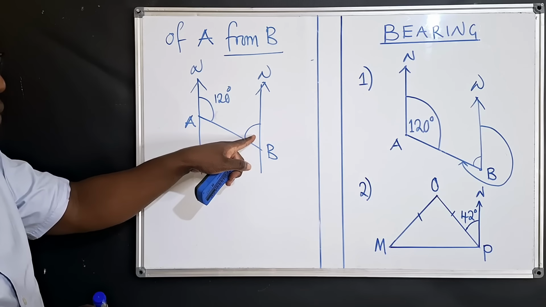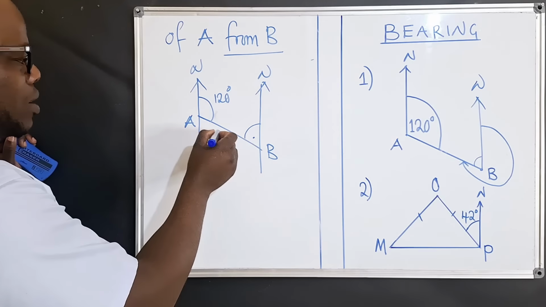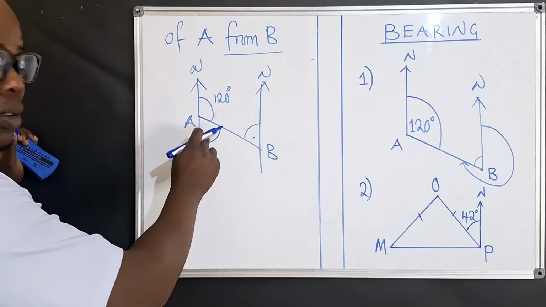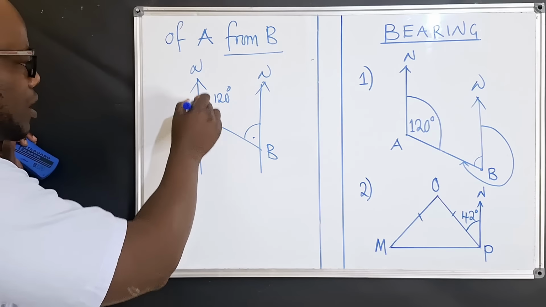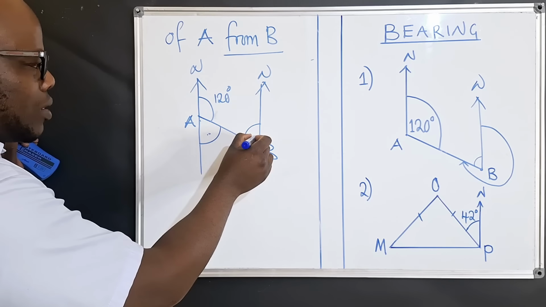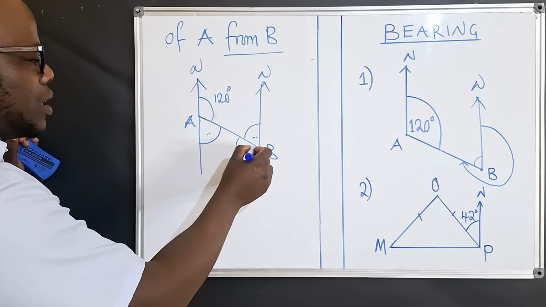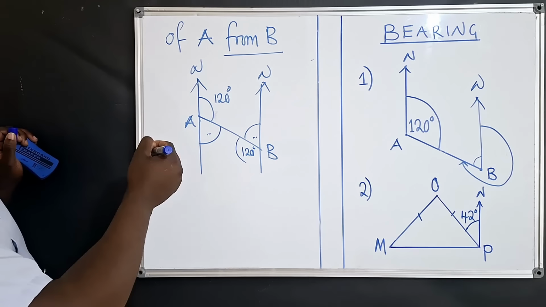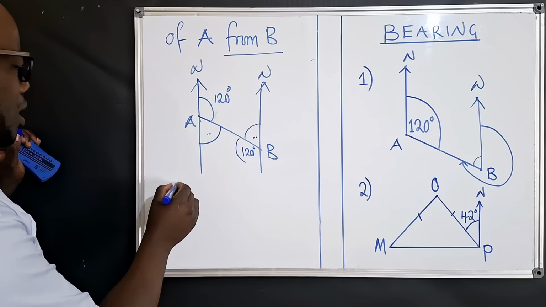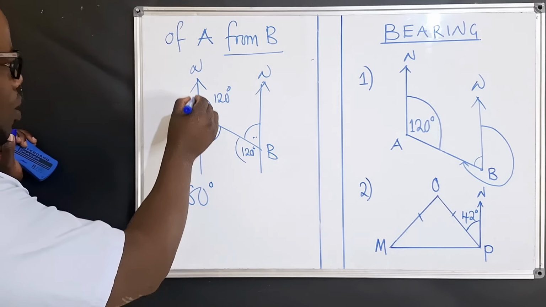Now, in order for me to find this angle, I can simply say, okay, this angle is equal to this angle right here. This angle is equal to this. And they're forming a Z. Do you see? So the angle which is here is equal to this. Even the angle which is here is 120 degrees because it's like that. Can you see? Yes. So the best thing that I can do here is just to say property of a straight line, it's 180.